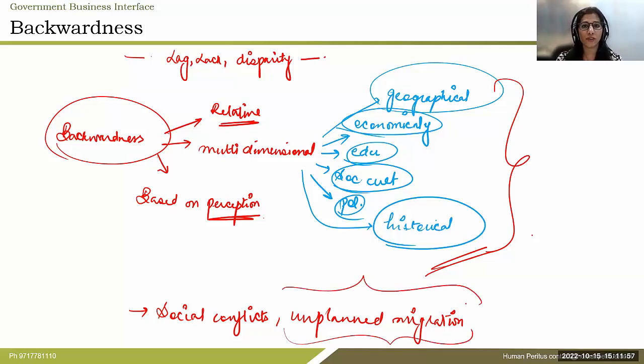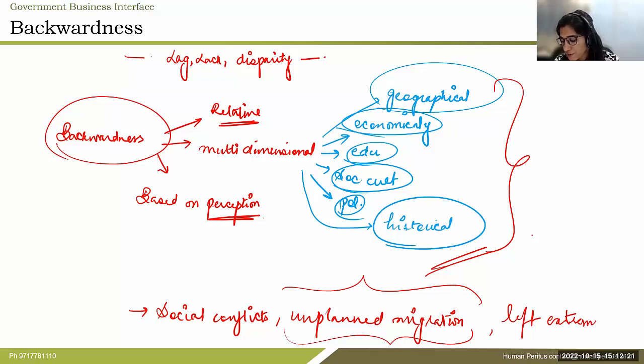People are migrating from there, and this becomes a difficulty for the state to which they are migrating, because there would be a lack of resources also, so their needs would not be met in the way they should have been. All right. So unplanned migration is also a problem, and has been a headache for the government since ages now.